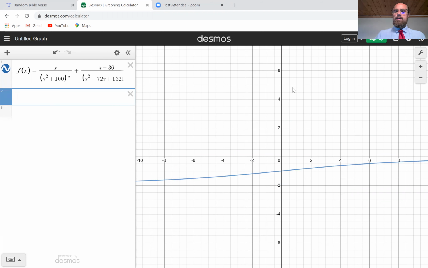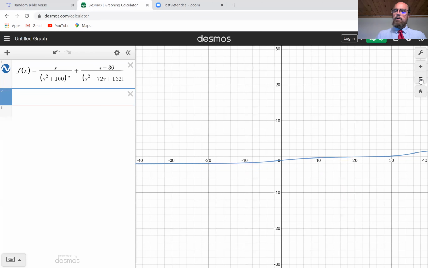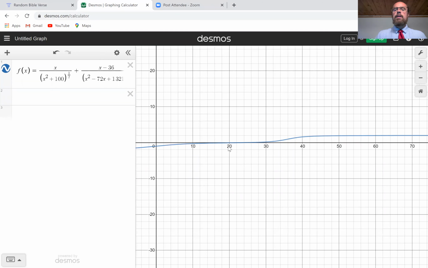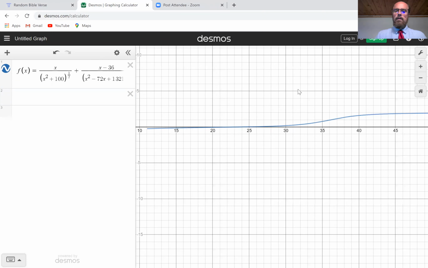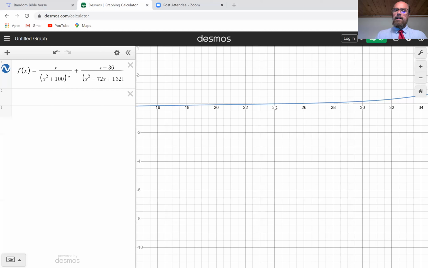So that gives us this very flat function. We don't really see where it's crossing the x-axis currently, so I'm going to zoom out until I see where that is, and then I'm going to zoom back in. So it looks like it's here in the vicinity of 20 where the function's crossing the x-axis. So I'll just zoom in to find that point, and it looks like that's the point 24, 0. So that's what we're looking for.